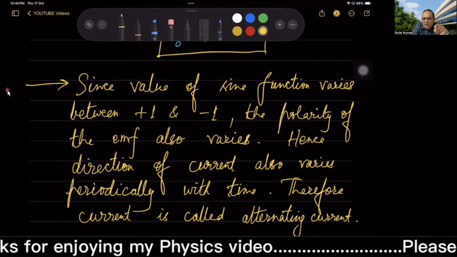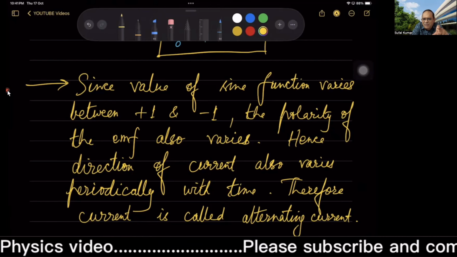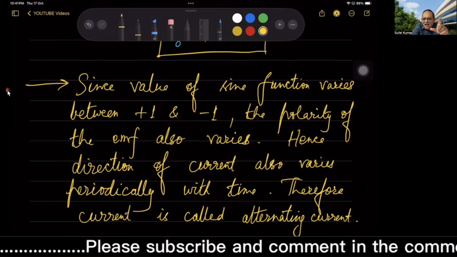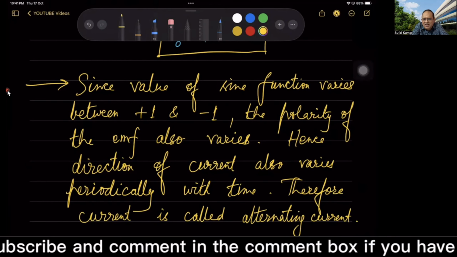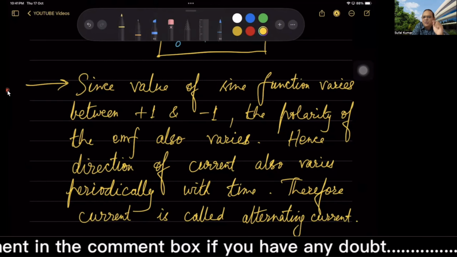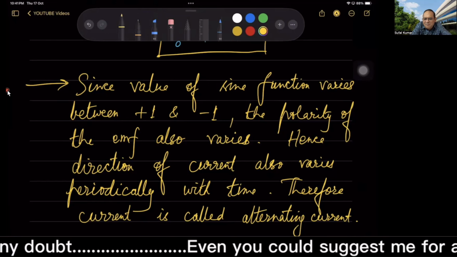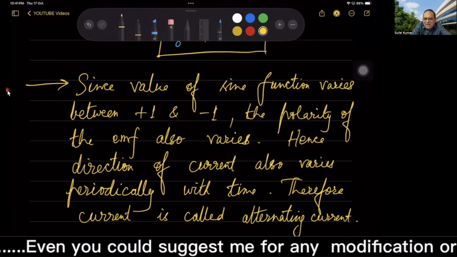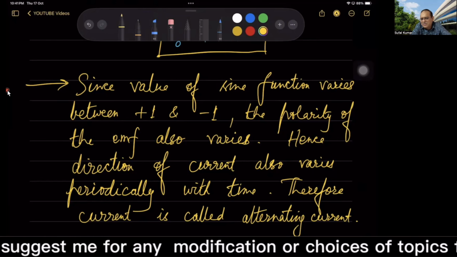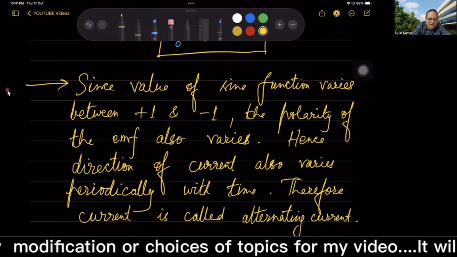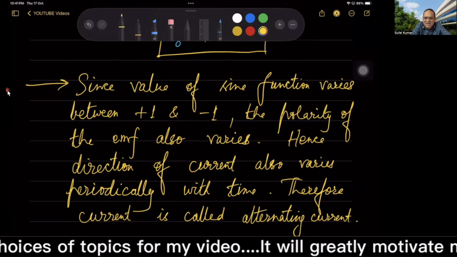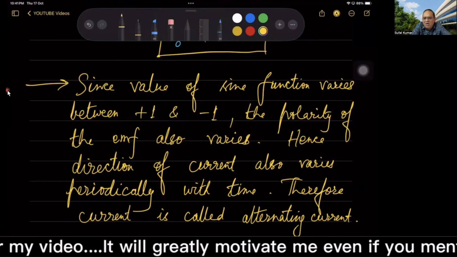But now from this paragraph, we are able to convince ourselves mathematically how the current is changing its polarity between +1 and -1, and so on. Hence, the current is alternating.